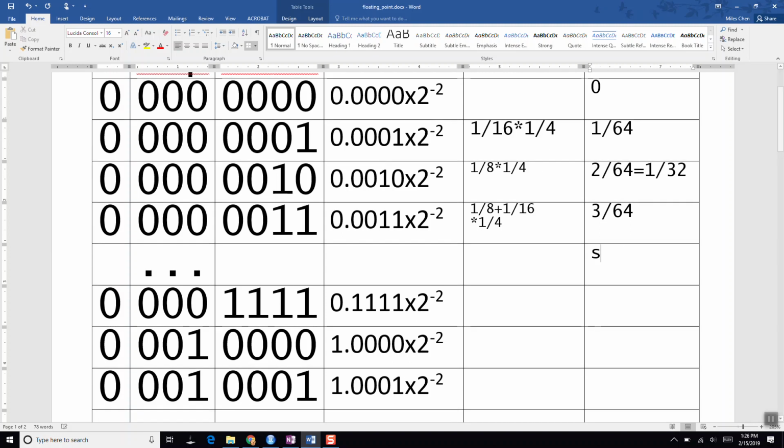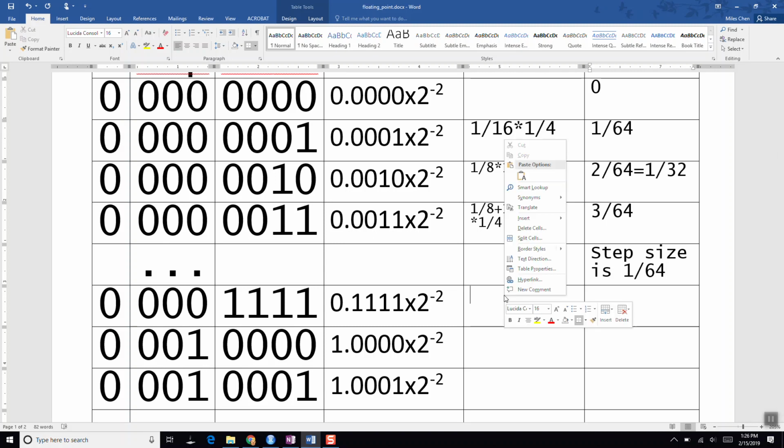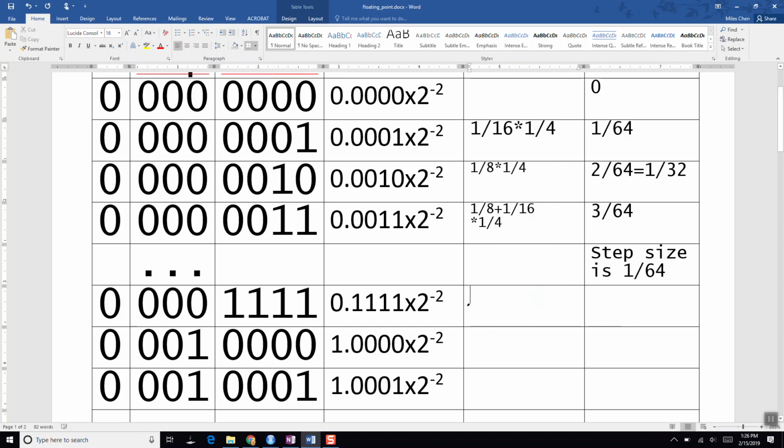So our step size, what is our step size? Our step size right now is 1/64. Okay. So the largest denormalized value that I'll have is going to be this, which is 1/2 plus 1/4 plus 1/8 plus 1/16. So we have 15/16 times 1/4, and I get 15/64.